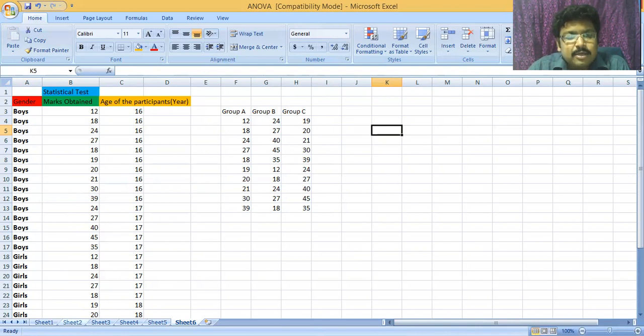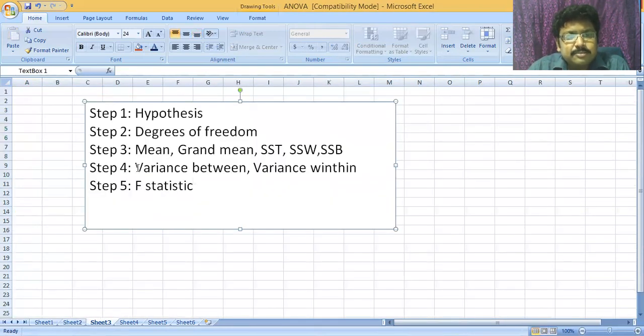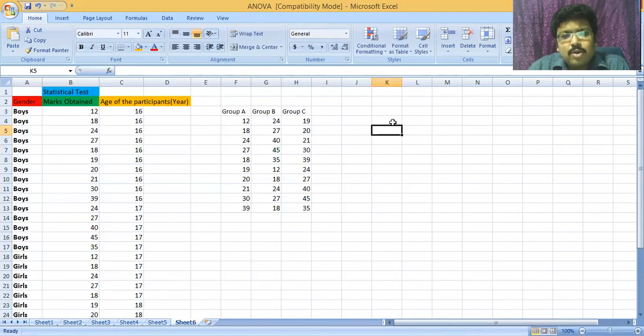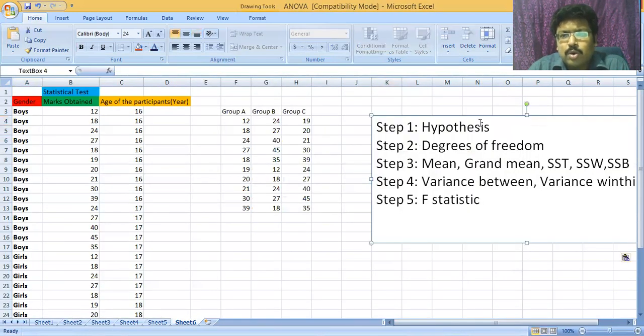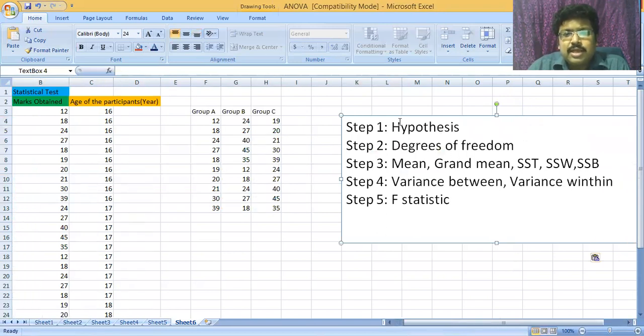There are some steps, and you can find them here. Whether one-way or two-way, the process has 5 steps.